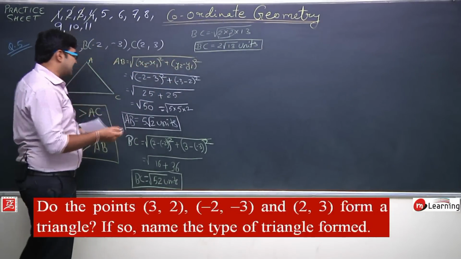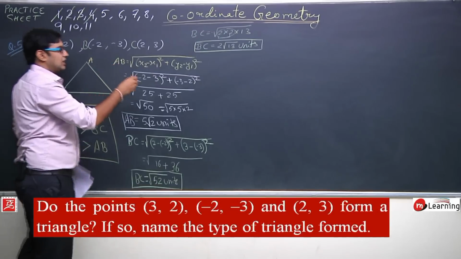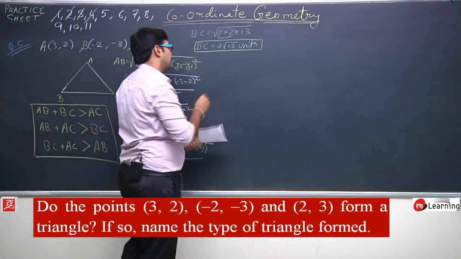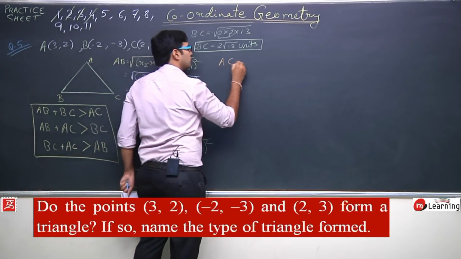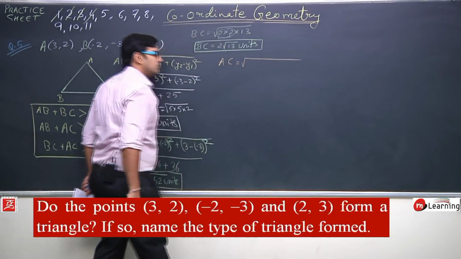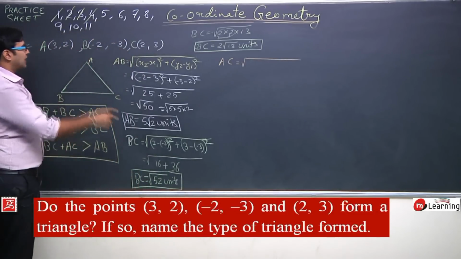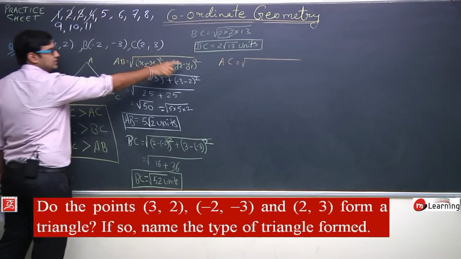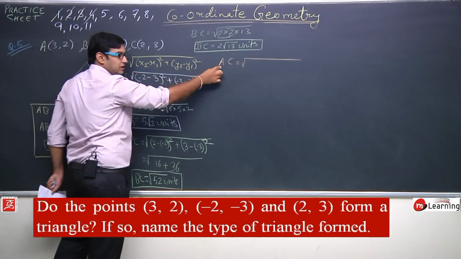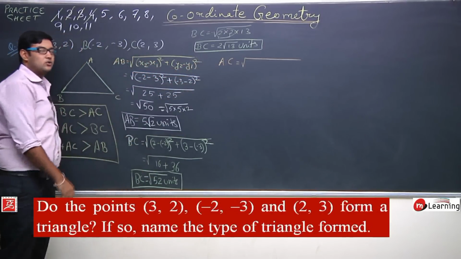Now, as we calculated the length of BC and the length of AB, we need to calculate the length of AC also. How will you calculate the length of AC? In this AC, A will become x1 y1, C will become x2 y2.